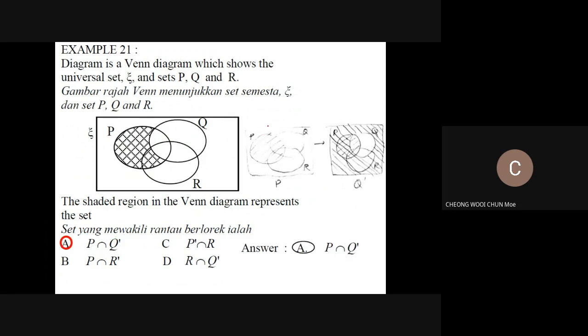So I can draw a diagram again. It's not clear, so I draw again for you to see. So this is P, this is Q, this is R. So P first, the whole P.